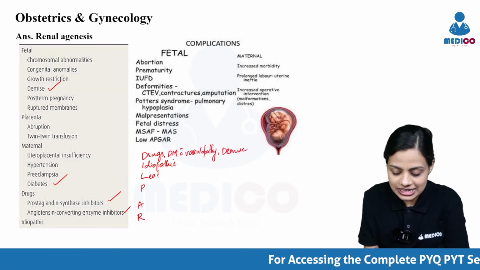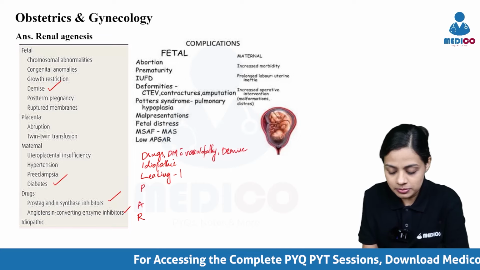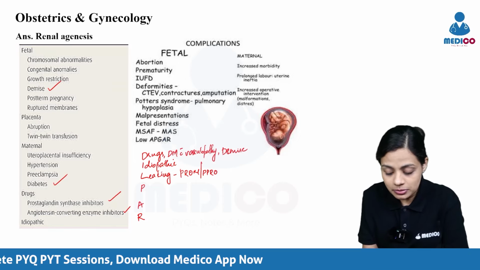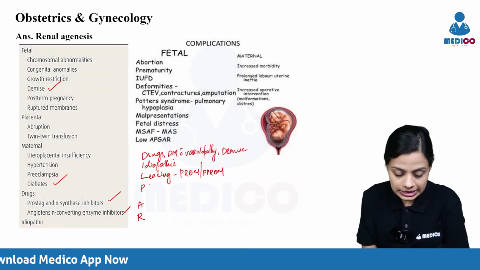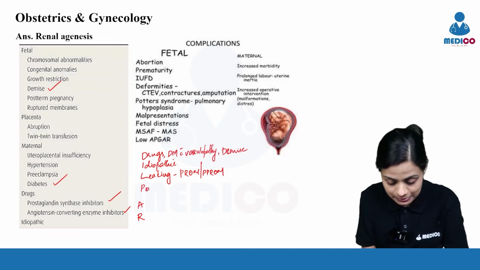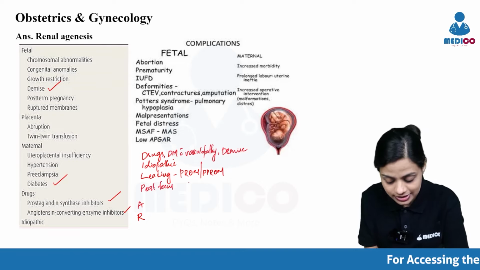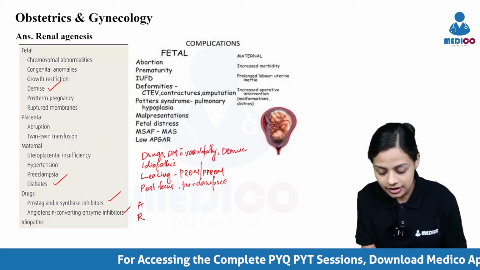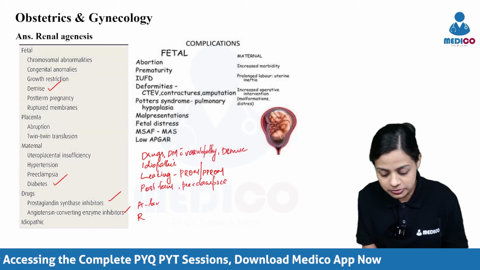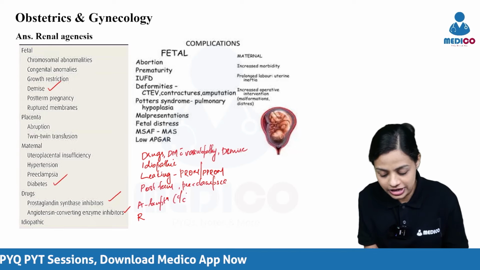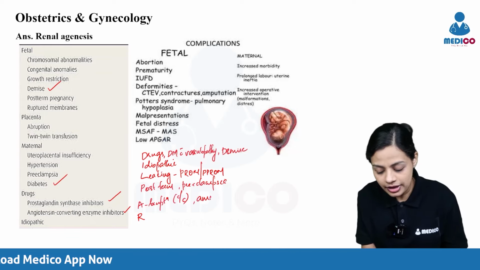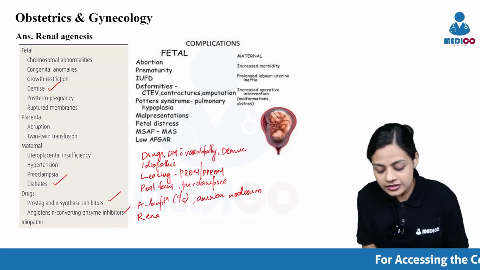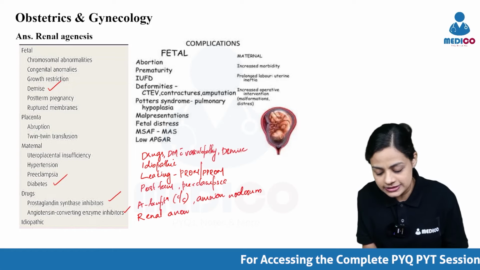L is for leaking. It can be a pre-labor rupture. It can also be a premature preterm rupture. Then we come to P. P is for post-term pregnancy or also preeclampsia. A is for abruption, chronic abruption, also for amnion nodosum. R is for renal anomalies.